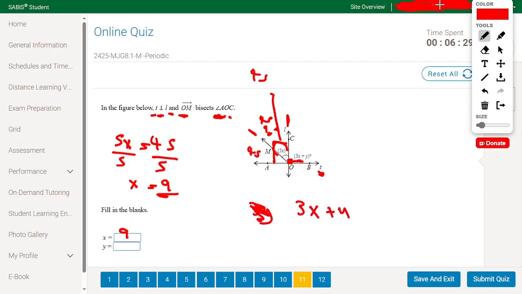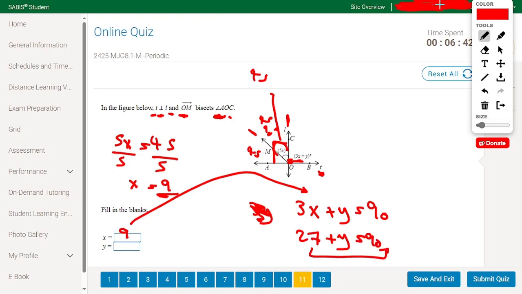And x is 9, so 3 multiplied by 9 is 27, plus y equal to 90. 27 goes to the other side, so y will be equal to 63. So the answer here is 63.